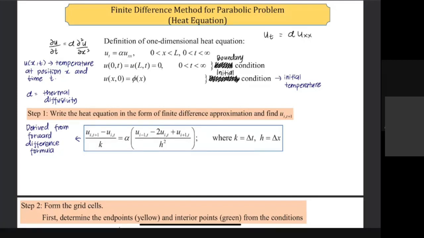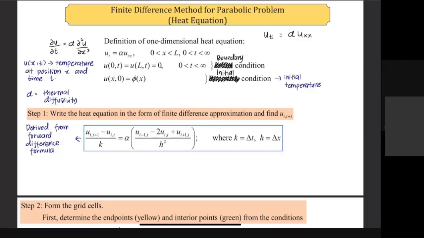This is the equation for heat, where u, the one we want to determine, is the temperature at position x and time t. And alpha here is the thermal diffusivity.